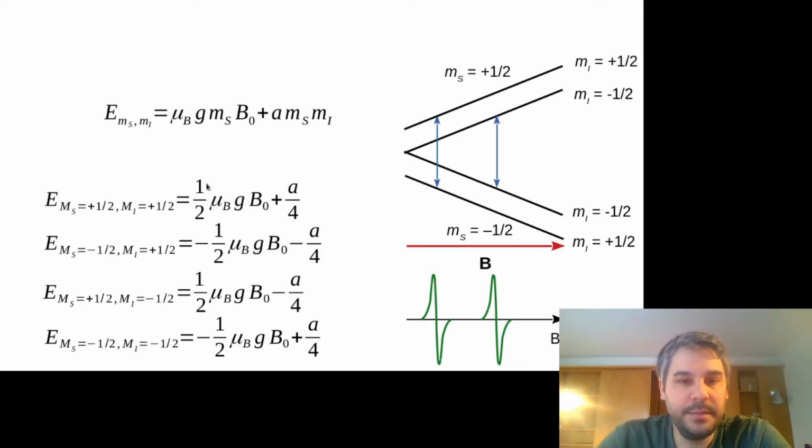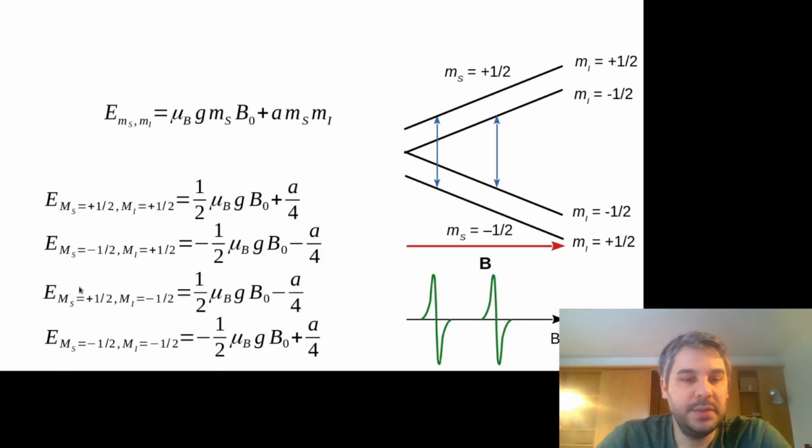For each of them, we can see here that ms and mi with a positive sign will give a positive sign here. So this is one of our energy levels, which in this case will be the higher energy level because it has only positive quantities. So it will be this level on top.